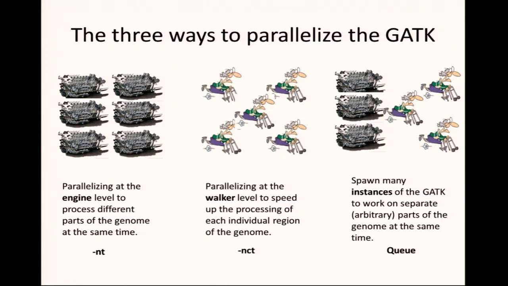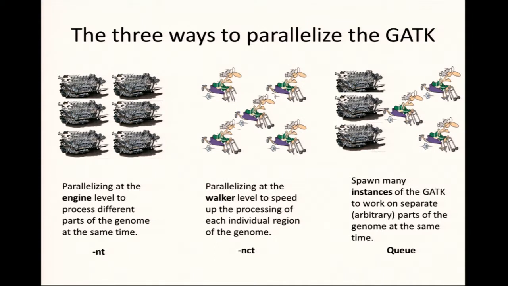Same thing for -nct. Some tools are available with -nct, which is a little bit more sophisticated, but most tools are available with -nt. Some tools are available with both of them. In fact, most tools that are -nct-able are also -nt-able, so there's nothing limiting you from using one or the other. You can actually use both as long as the tool was designed to do that.